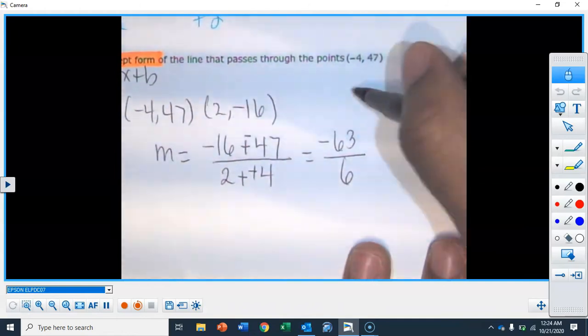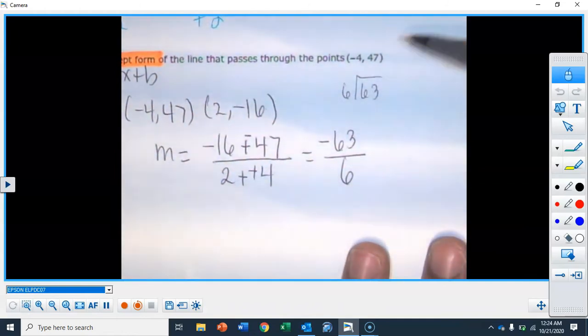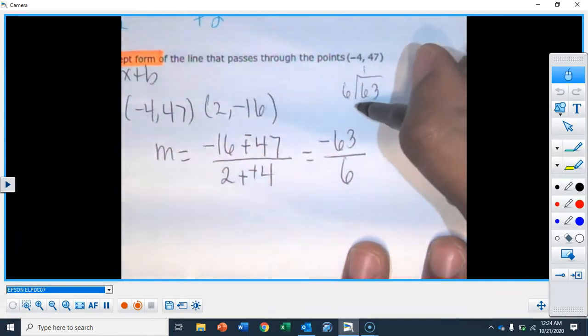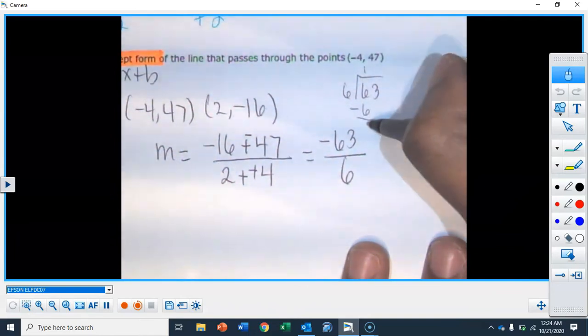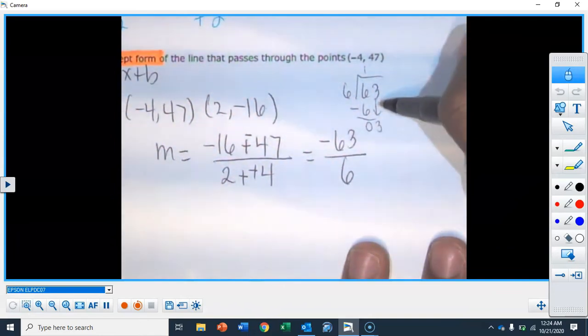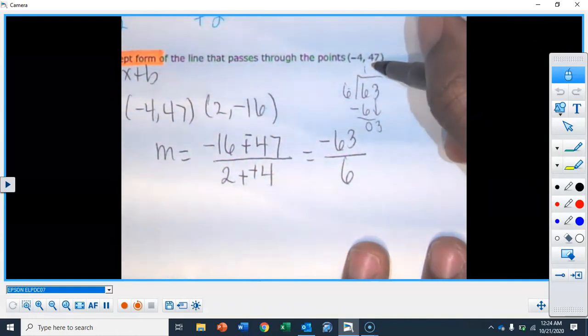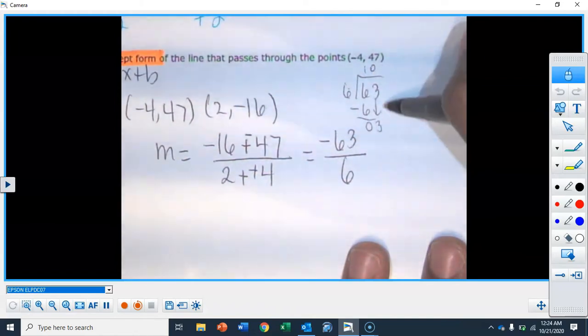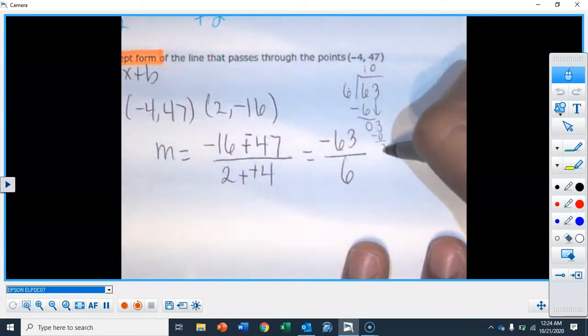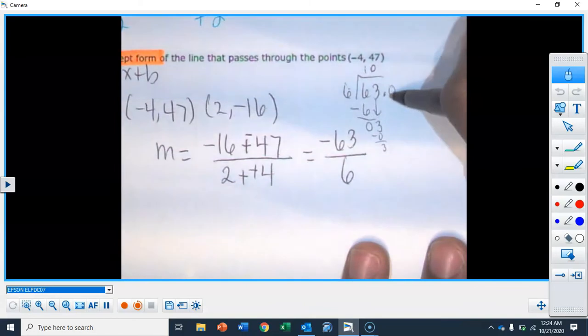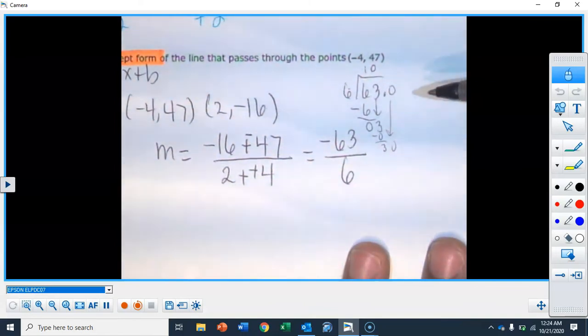I did. So 6 goes into 63 1 time. 6, 0, 3 goes in there. No times. 1, 0, 3. Put a decimal. Weird.